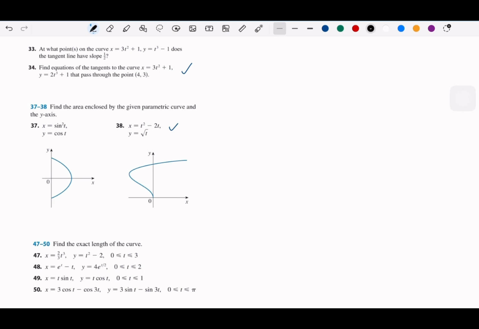Then we get the slope, and we have the point 4, 3, which is x, y. We need to find at which t it fits the system. There will be a little algebra inside, some quadratic equation, I think. So I hope you can try to solve the algebra yourself.